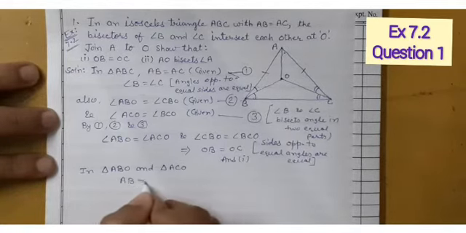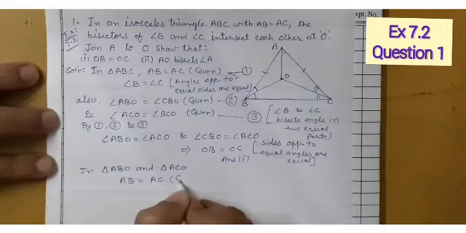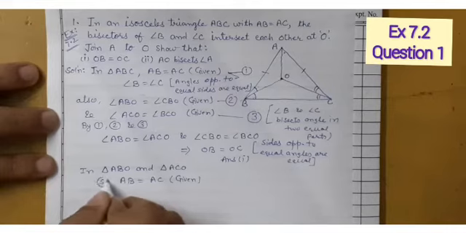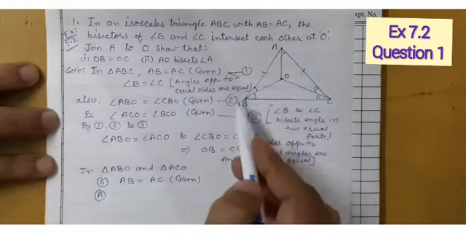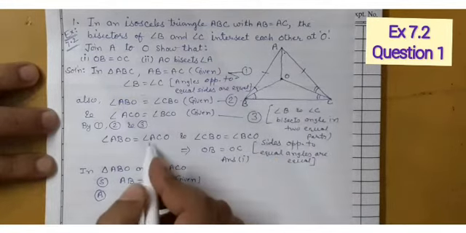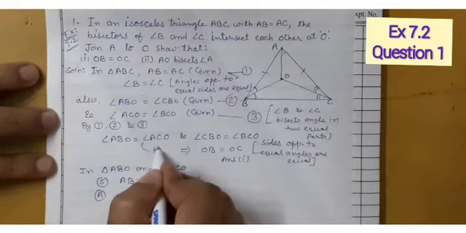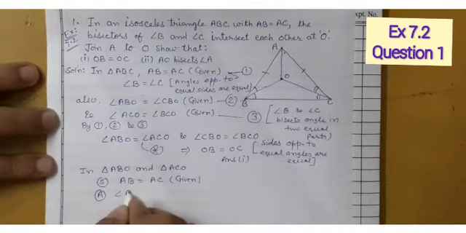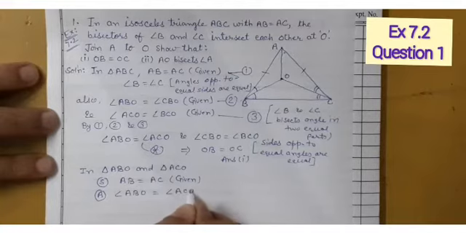AB equal to AC is given in the question. This is one side. Angle ABO is equal to angle ACO, which I call star. Angle ABO is equal to angle ACO by equation star.